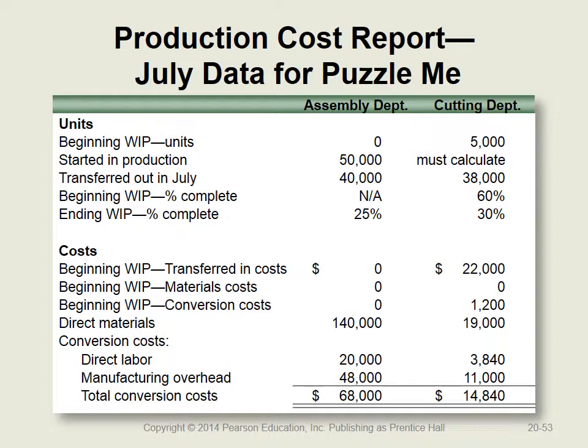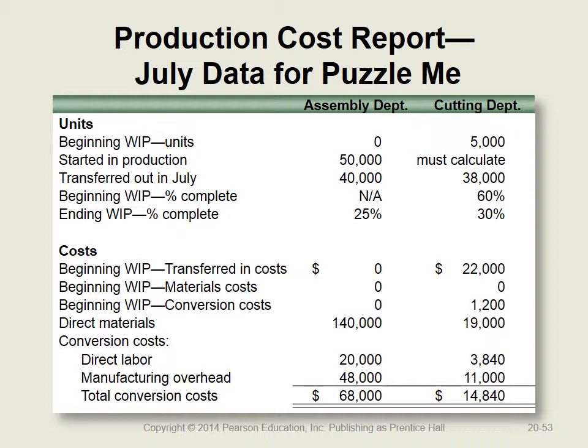Keep in mind that direct materials in the cutting department refers to the boxes added in that department and not to the materials, cardboard, pictures, and glue, added in the assembly department. The cost of materials from the assembly department that are transferred into the cutting department are called transferred in costs. Likewise, conversion costs in the cutting department refers to the direct labor and manufacturing overhead costs incurred only in the cutting department.